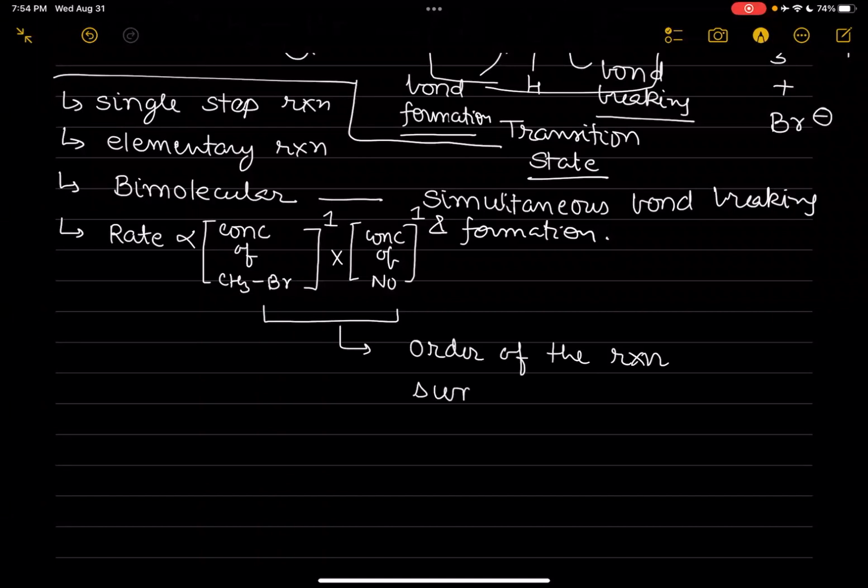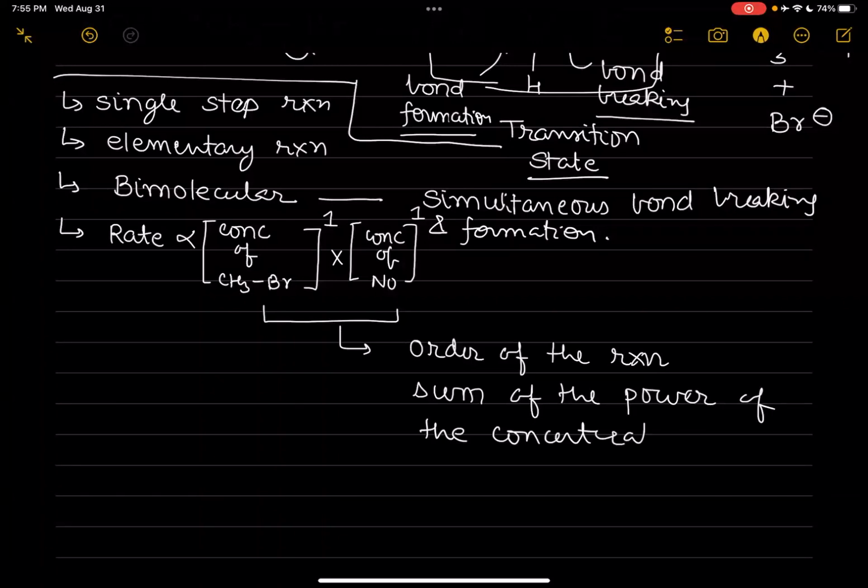Order of the reaction, we have a complete chapter, chemical kinetics. Order of the reaction is the sum of the power of the concentration terms in rate equation.